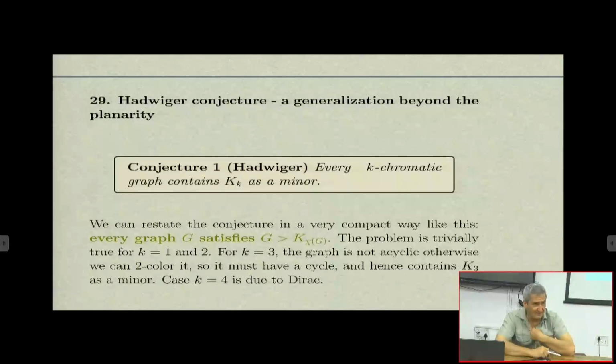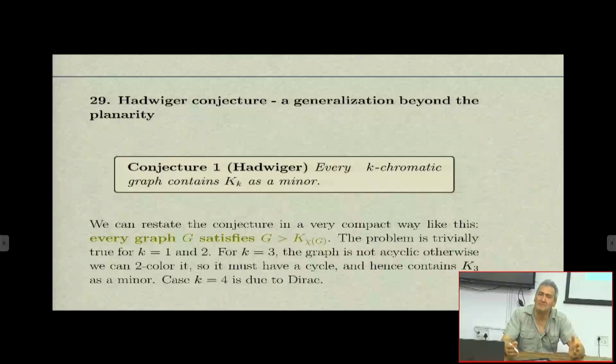It was a nice attempt to obtain some nice things that hold, but it was false. So what did Hadwiger conjecture? Hadwiger conjectured that if the chromatic number of some graph is k, then it contains K_k as a minor.